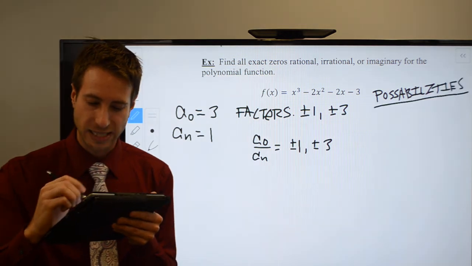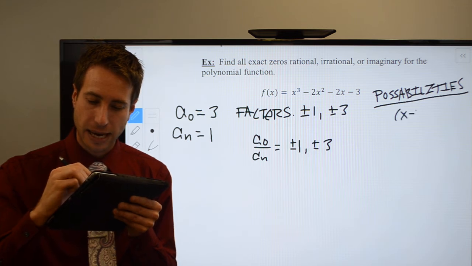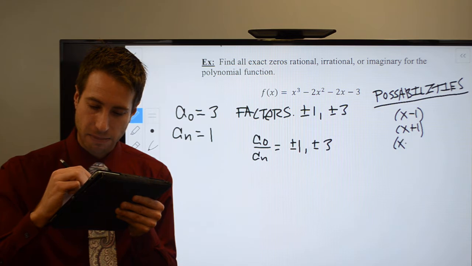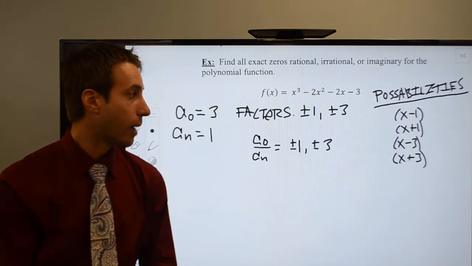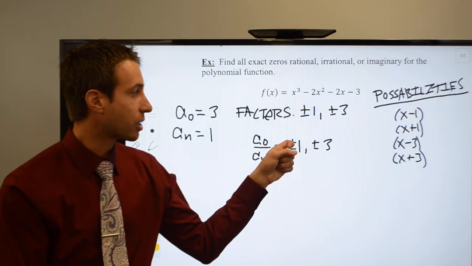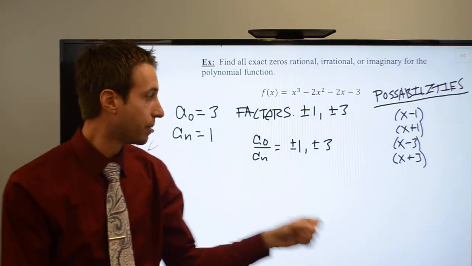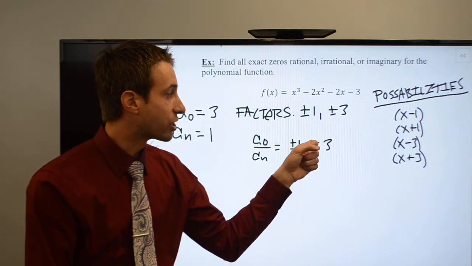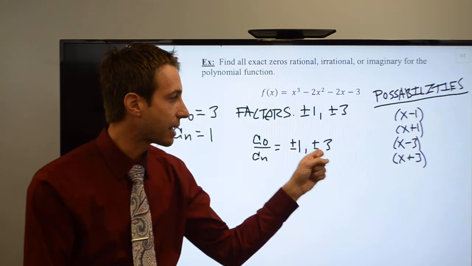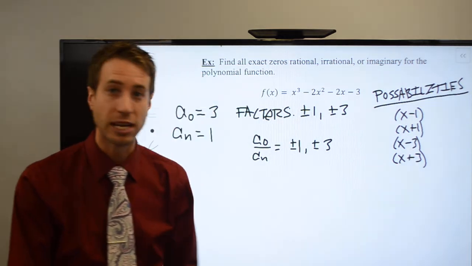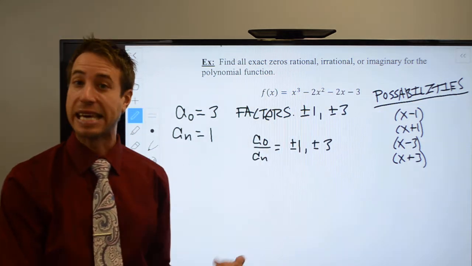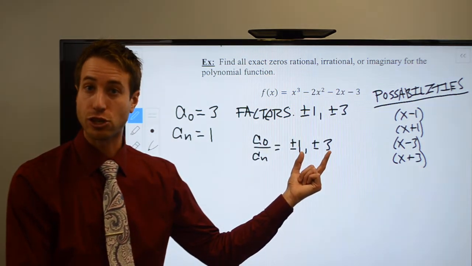I could have x minus 1, x plus 1, x minus 3, or x plus 3. This comes from the list. Plus 1, so x minus 1. Minus 1, so x plus 1. Plus 3, which would be x minus 3, and minus 3, which would be x plus 3. These are my potential factors that would get me these rational zeros.